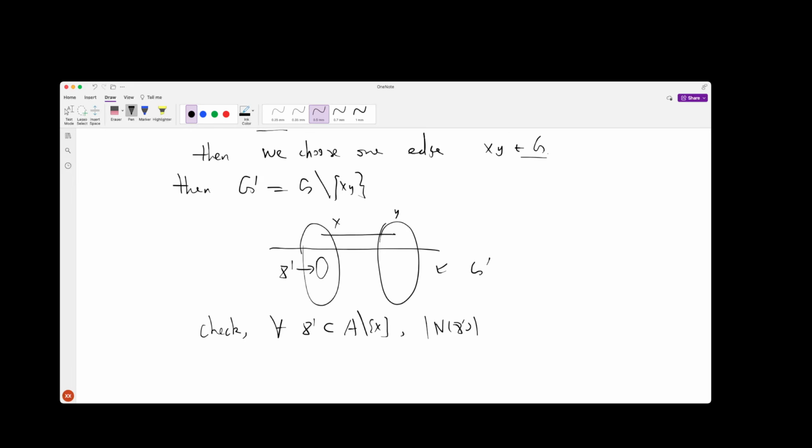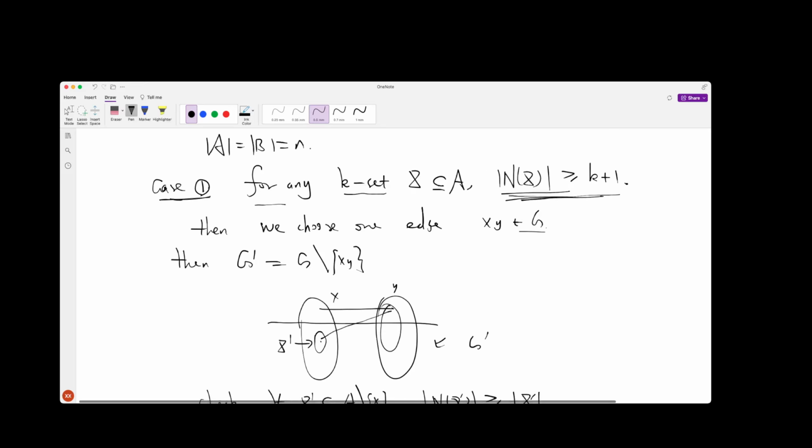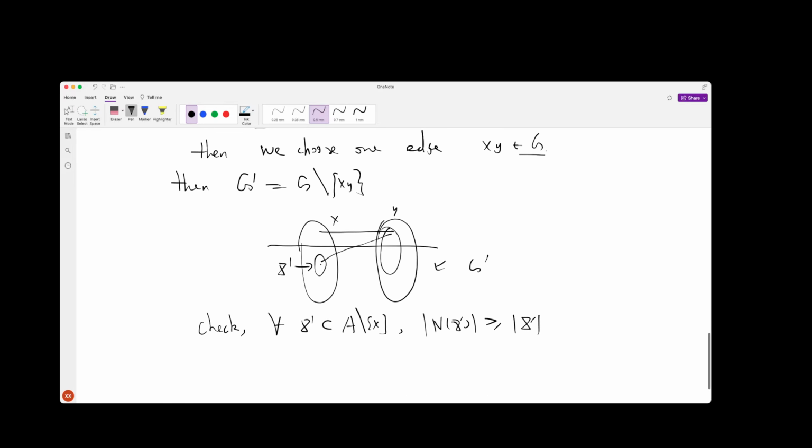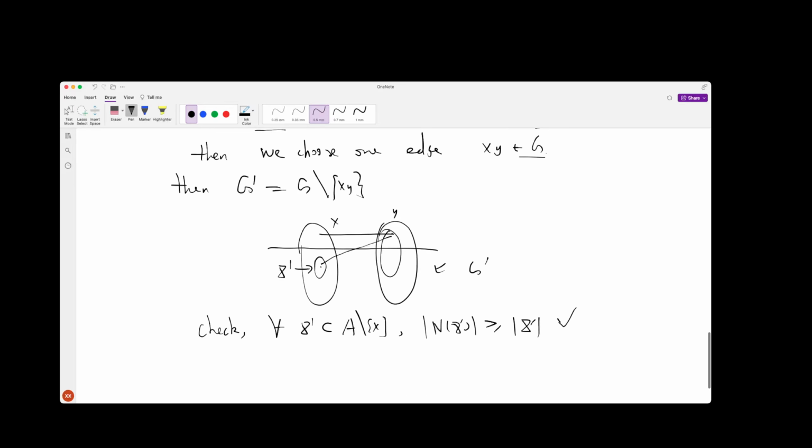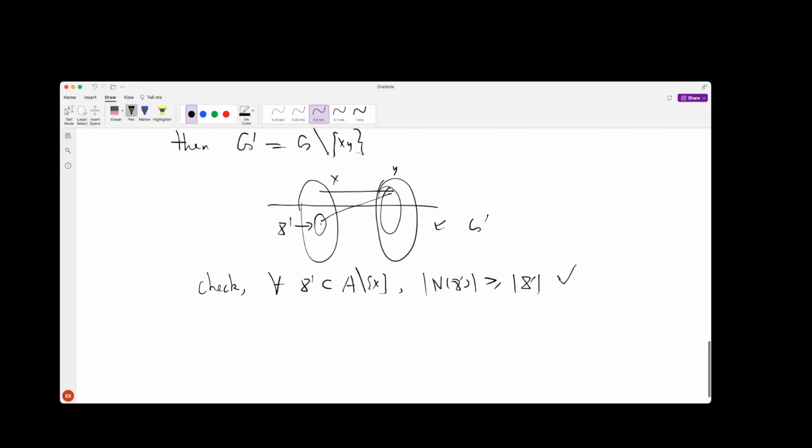It is clearly greater or equal than the size of x prime, right? Because there is a possibility that y belongs to it, but we have a stronger assumption in the graph G. So if you forget about vertex y, you still have this. So Hall's criterion is verified for the graph G prime.